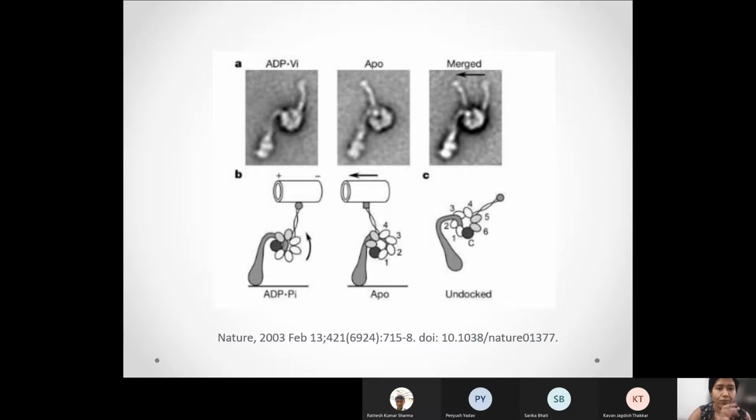And what they have captured in this paper is very beautiful, because it shows snapshots. If it is not bound to any ATP or ADP, there is a certain positioning of the linker. This is the linker, this is the microtubule binding domain, and this is the coiled coil.